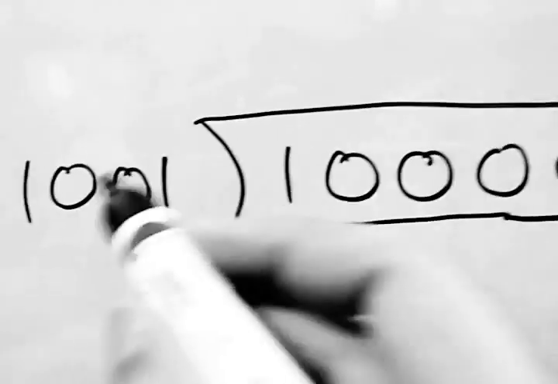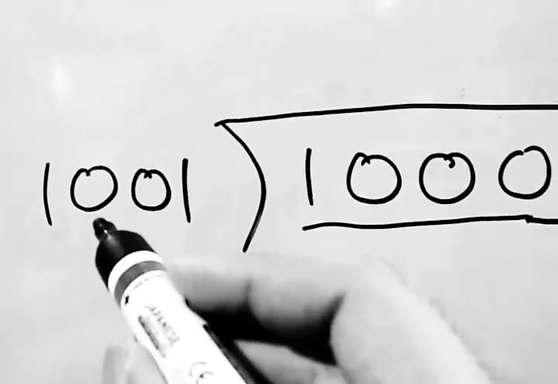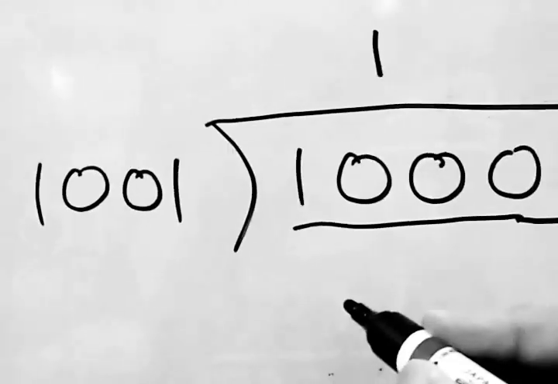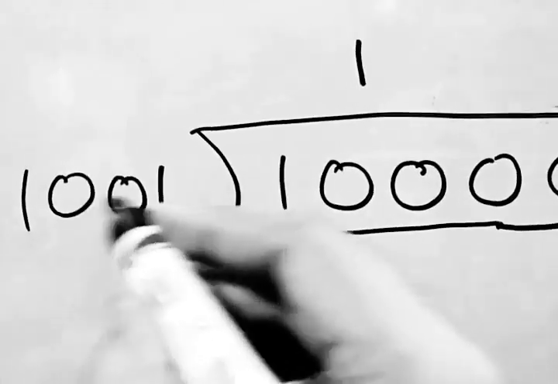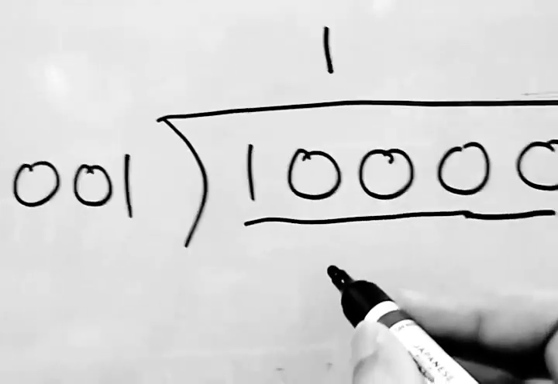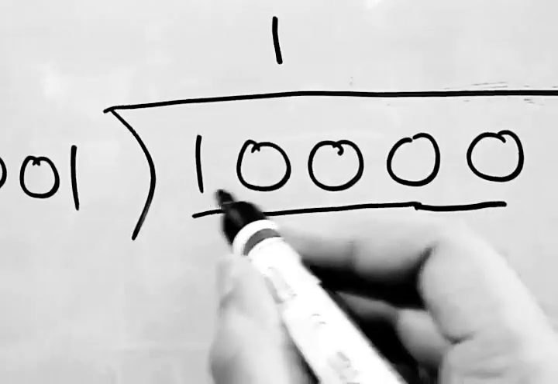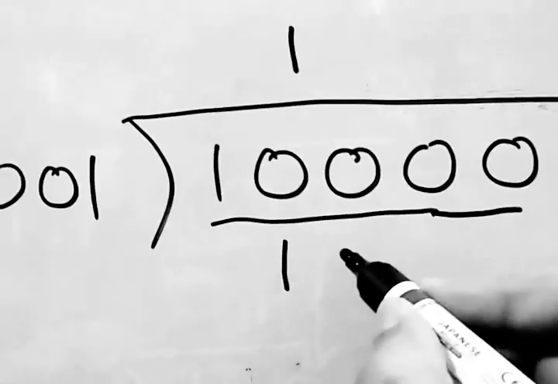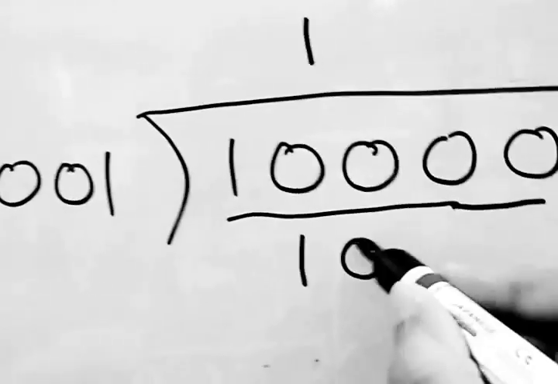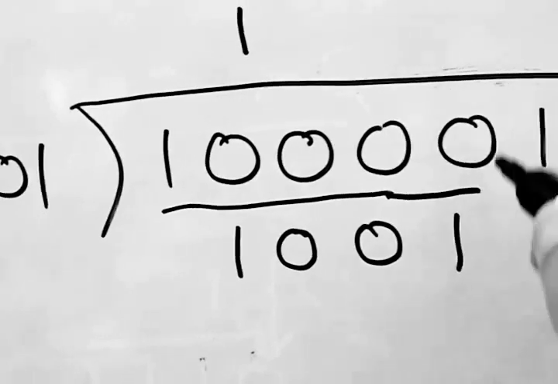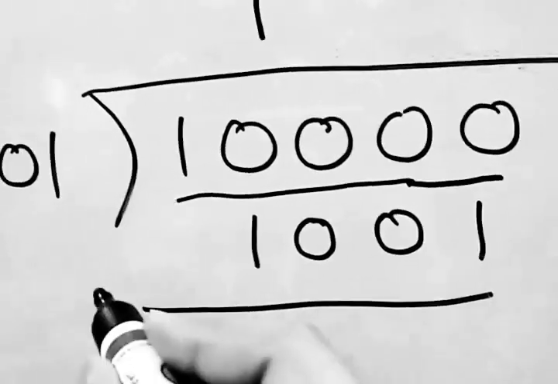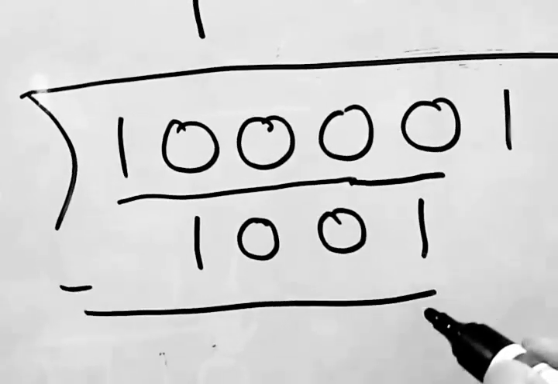Now as it is greater than 1001, we can multiply 1001 with 1 as quotient, and 1001 into 1 means 1001. But here 5 digits are there, so just like the decimal system, for subtraction we put 1001 starting from the rightmost side and subtract as per the subtraction rules.